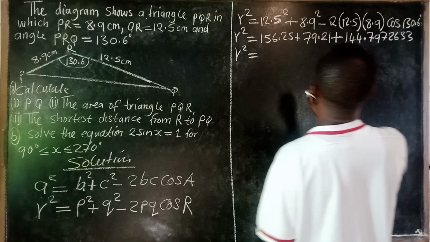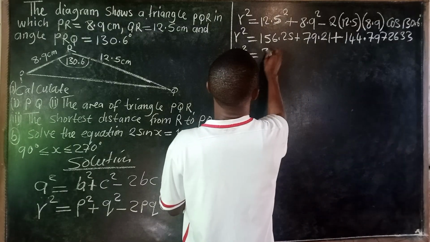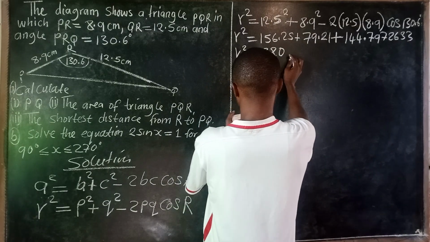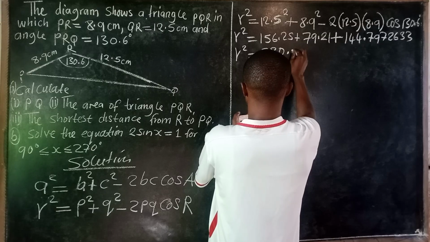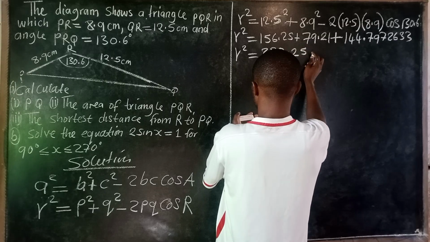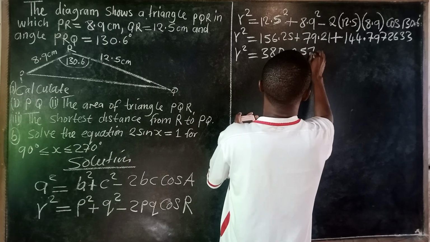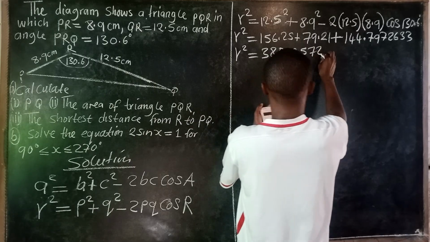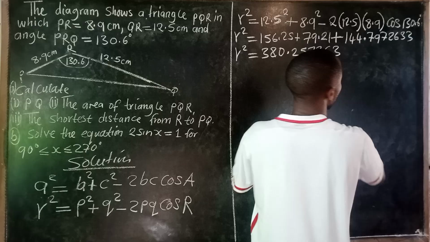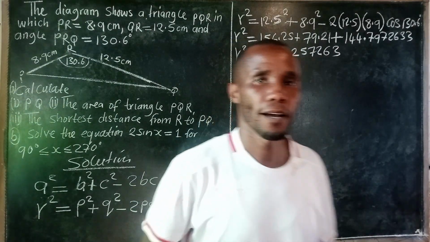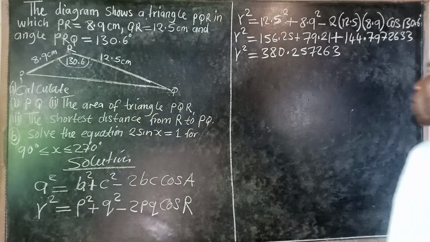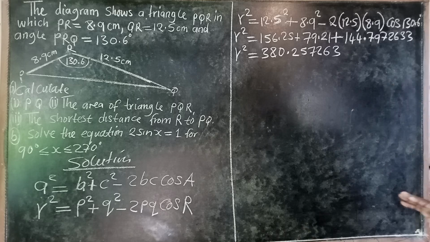The answer after that, you are going to have 380.257263. Remember, here we are looking for R, not R squared.